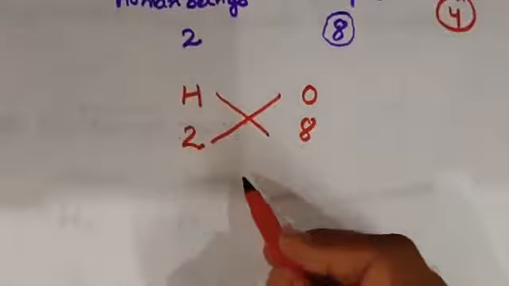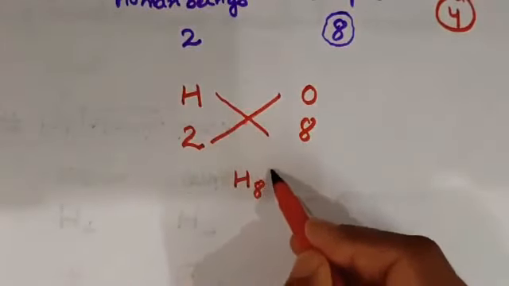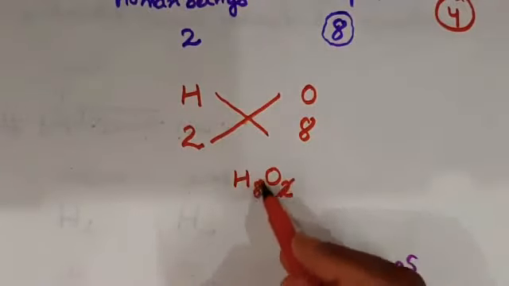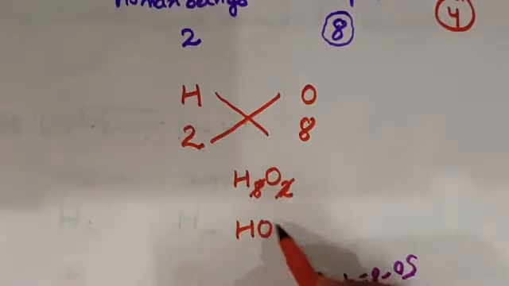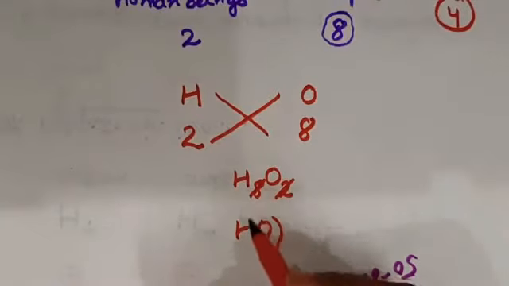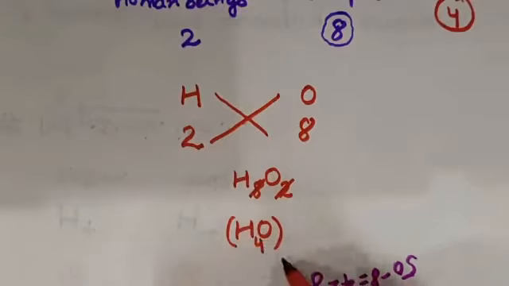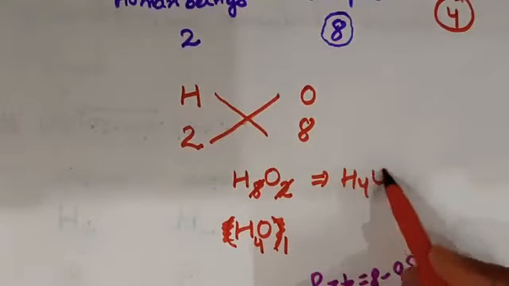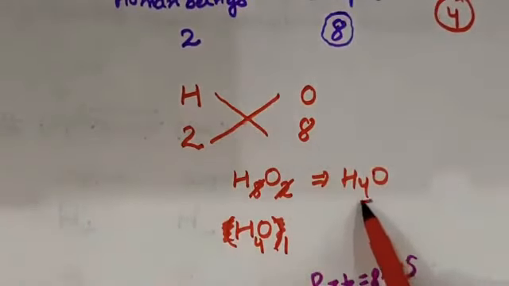You will get H8O2, or you can write H4O1. No use of brackets, so it will basically be H4O. This means 4 human beings can be held by a single octopus.